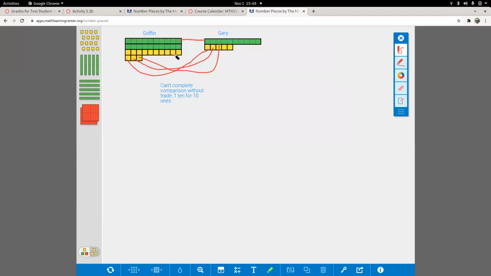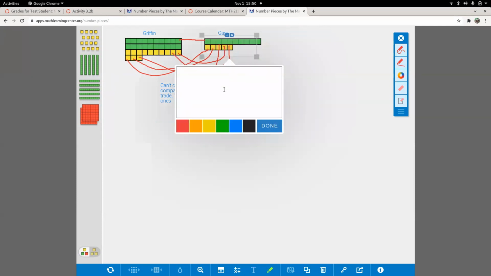And then I can do two more like this one. So I'm just connecting my comparisons. Okay, so I've compared everything Gary has to Griffin. I can't do any more comparison, and it looks like I see 18 left. So just make a note about that.